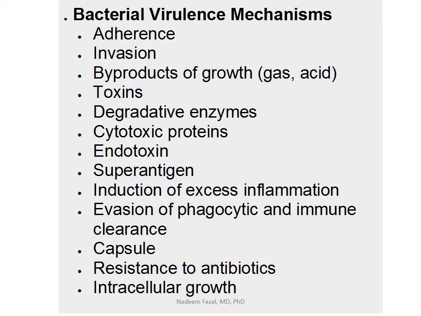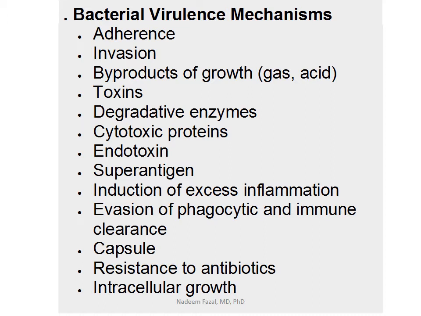So they can even evade that. They have a capsule. They are resistant to antibiotics, and they have an ability to hide within our cells. They kind of hibernate. They go over there and disappear. We call this intracellular growth. Not only do they disappear, they actually grow within that. It's like a safe haven, in terms of being protected from antibodies, being protected from many things.